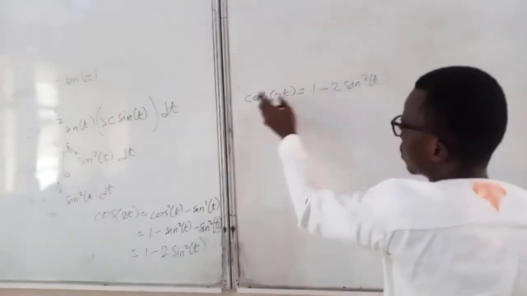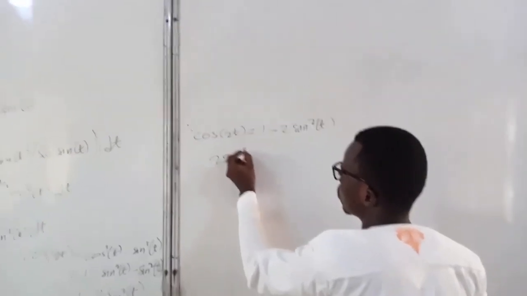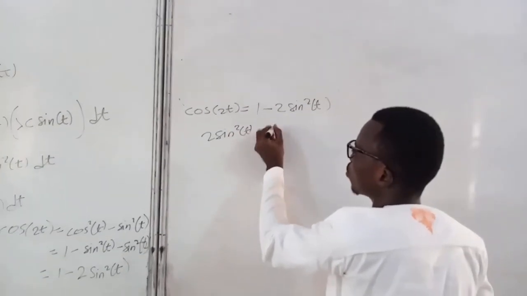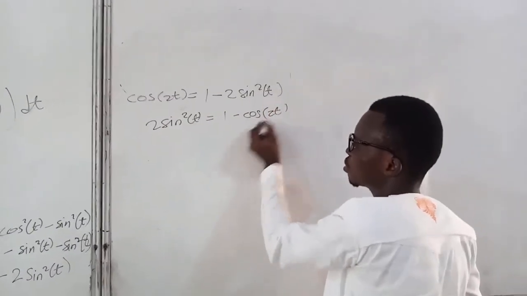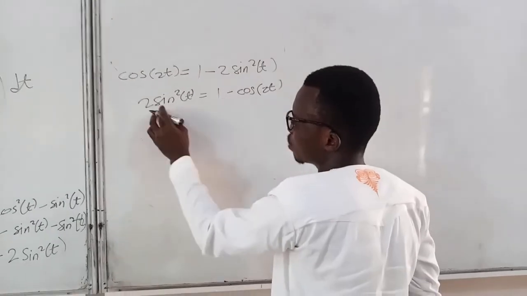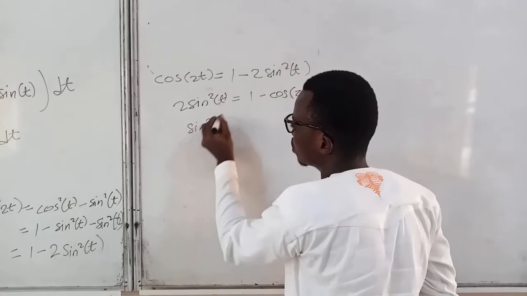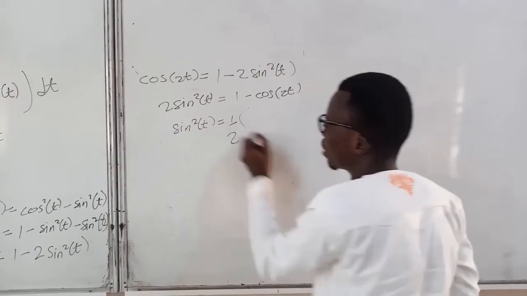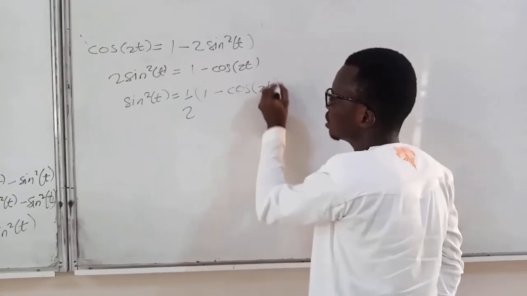So let's bring this one to the other side. We're going to have 2 sine squared t equal to 1 minus cos 2t. So let's divide both sides by 2. We're going to have sine squared t equal to 1 out of 2, bracket 1 minus cos 2t.